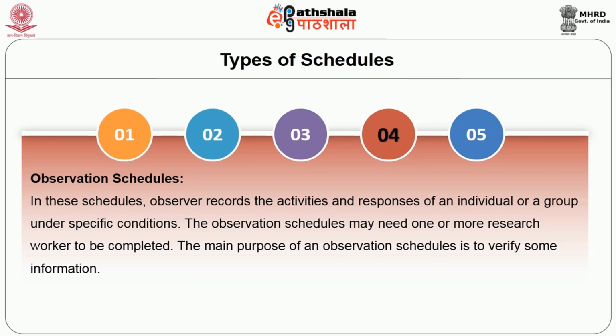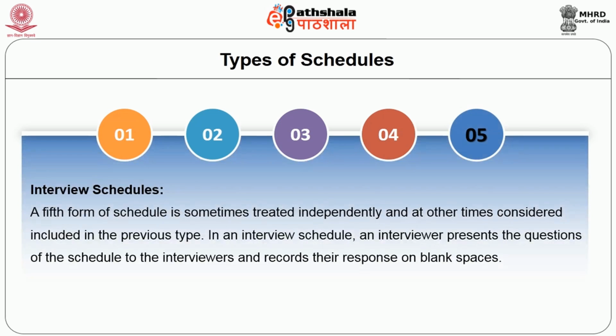Observational schedules. In these schedules, the observer records the activities and responses of an individual or a group under specific conditions. The observation schedules may need one or more research workers to be completed. The main purpose of an observation schedule is to verify some information. Interview schedules.